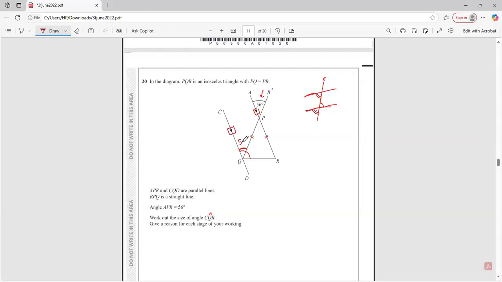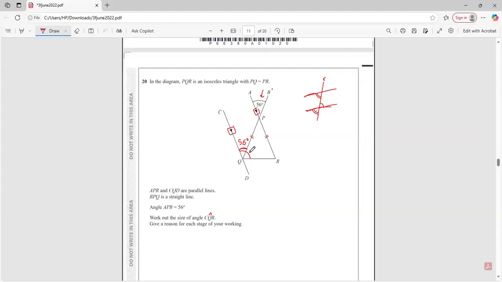Do you agree that this angle here is 56 degrees? Look at it carefully. Corresponding angles. Now, I need to say something about corresponding angles. If you look at it on the surface, it looks as if they can slide into each other. Do you agree? Yes. Okay.